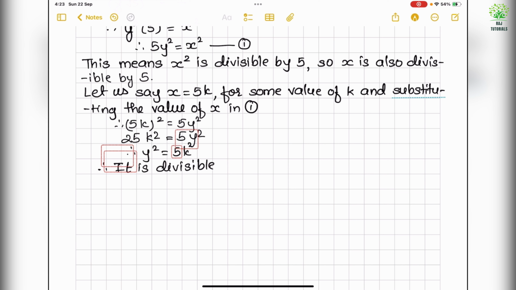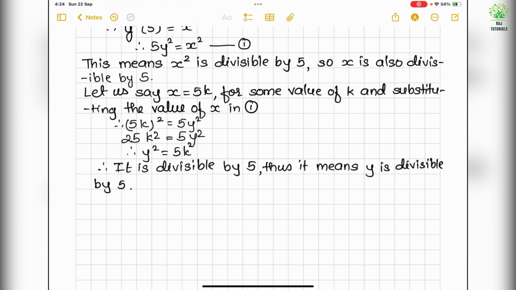So therefore it is divisible by 5. Thus it means y is divisible by 5.